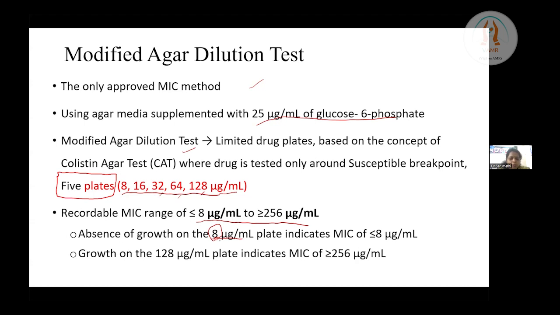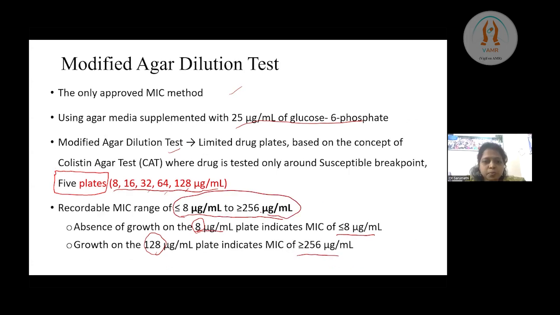If the growth is not there at 8 microgram, our starting concentration, it indicates that the MIC is less than or equal to 8 microgram. And if our 5th plate is 128, and the growth is not there at 128, it indicates that the MIC may be more than or equal to 256. So it covers MICs in this range.